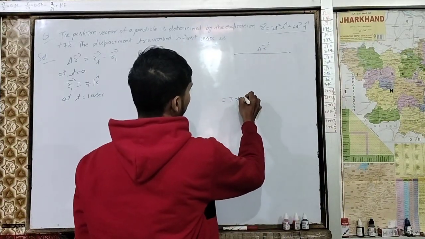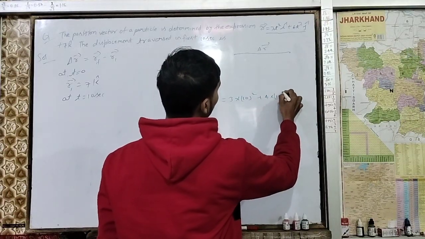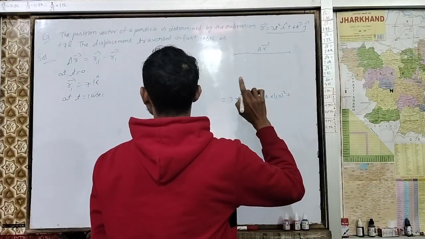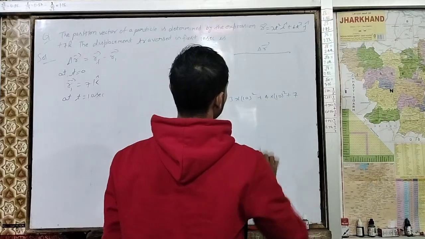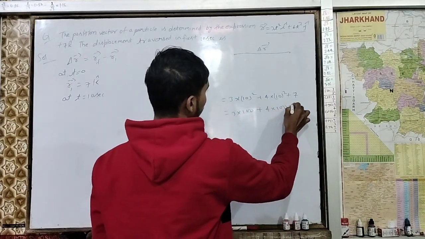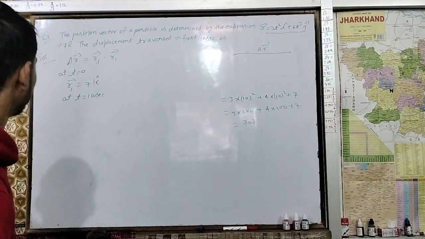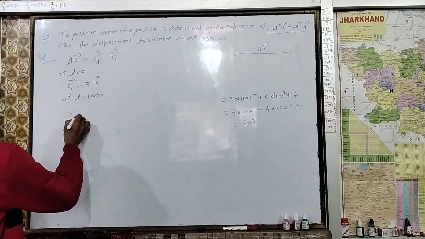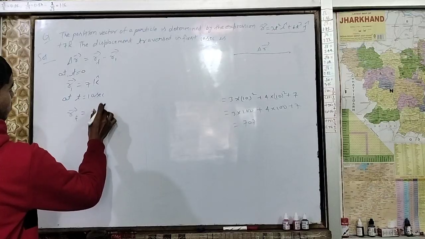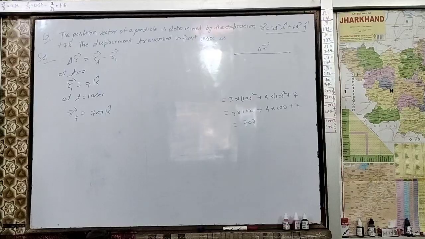So 3 multiplied by 10 raised to power 2, plus 4 multiplied by 10 raised to power 2, plus 7. 3 times 100 plus 4 times 100 plus 7. 300, 700, 707.